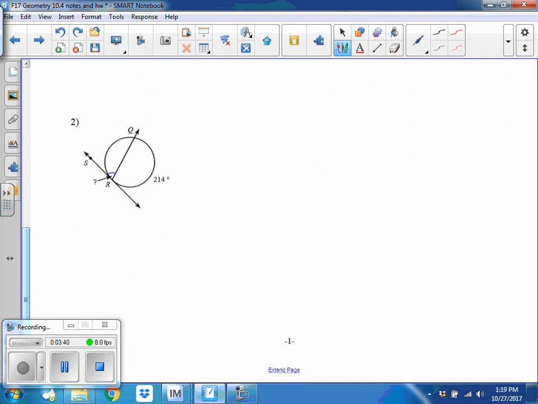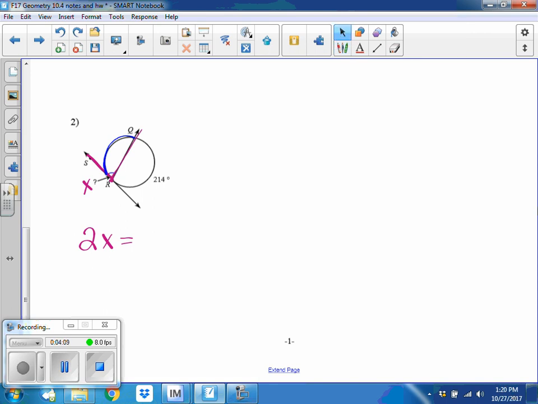Let's look at number 2. Here, our question mark is this angle. Because the vertex is on the circle, I have to do 2 times the angle, so 2x equals the measure of the intercepted arc. We need to figure out what that is. The distance all the way around that circle is 360.